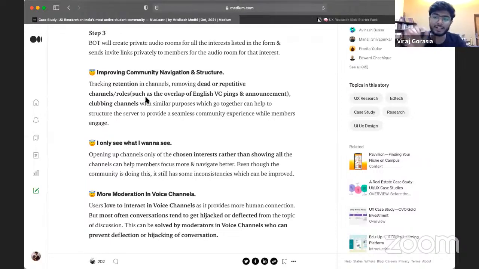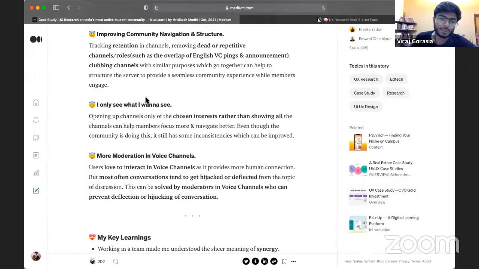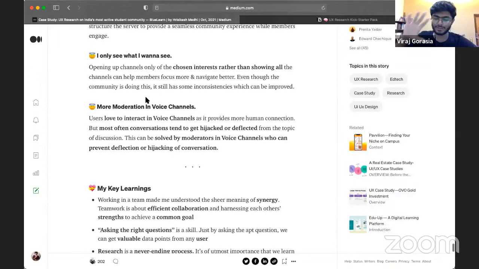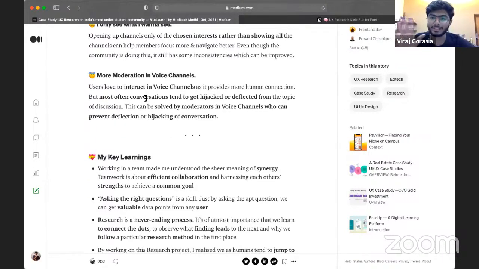A small feature such as adding a bot, or maybe the solution can be a very big feature where BlueLearn needs to move from Discord to a whole new app. So there's a huge variety. You can suggest a solution, but you need to give solutions in such a way that it is implementable and makes sense to the team and everything else. So yeah, this is basically solutions and suggestions, and this is where the case study ends.